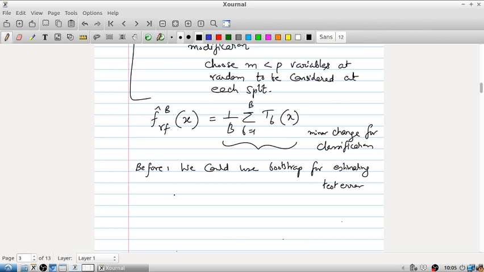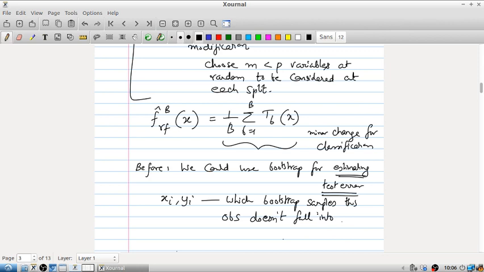Before, we said to get an estimate for test error, look at every example, let's say xi, yi. Just look at which bootstrap samples this observation does not fall into, in a sense it's not a part of that bootstrap sample, and then pick up all those.